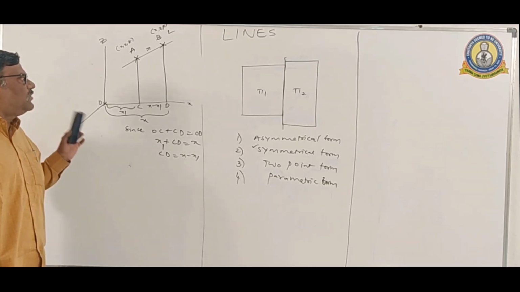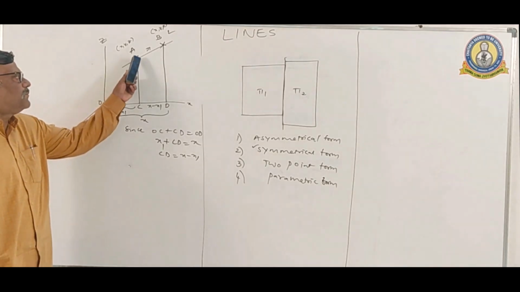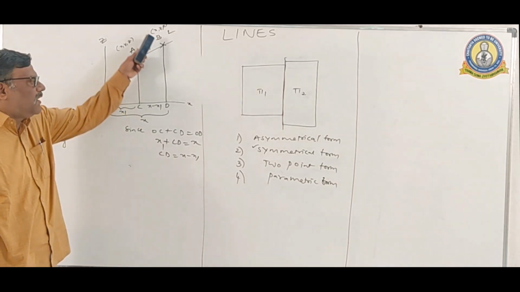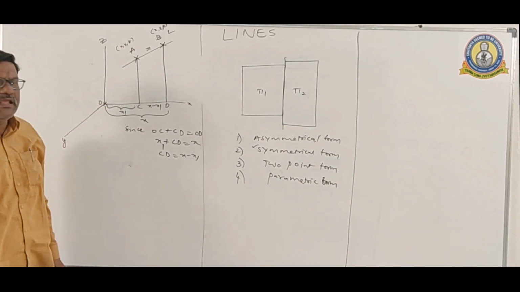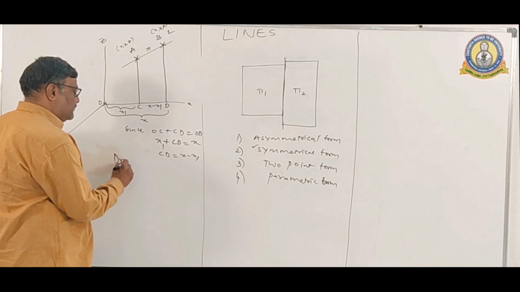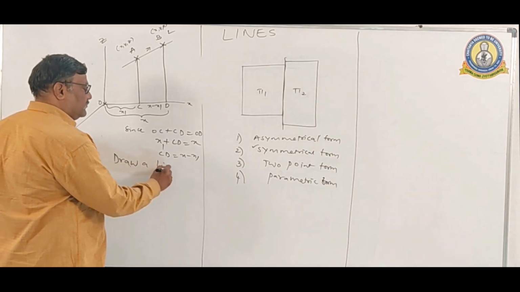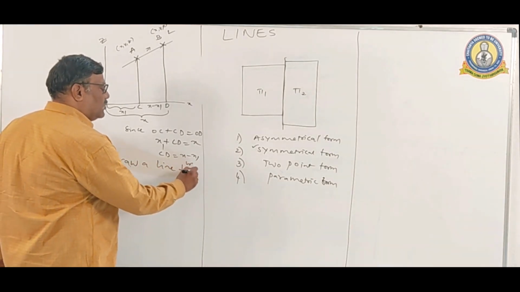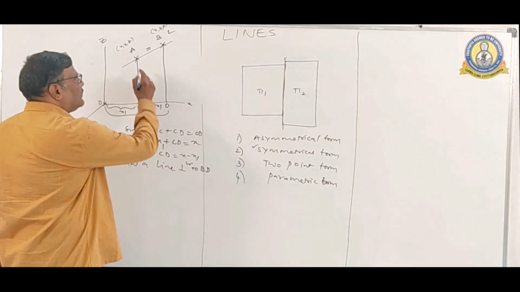Now, again I would like to do a small manipulation. From the point A, I would like to draw a perpendicular line to BD.